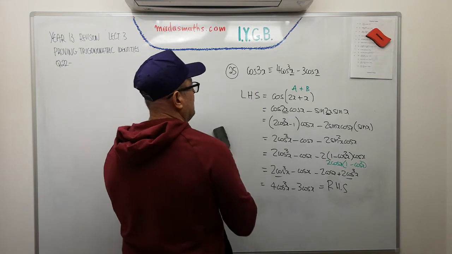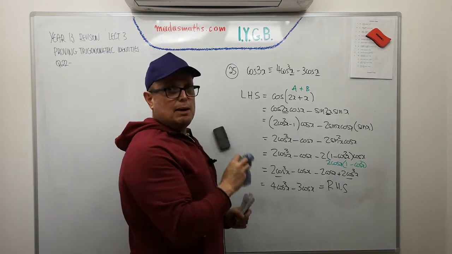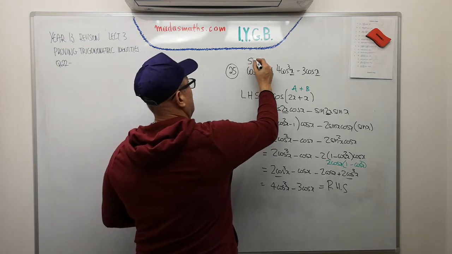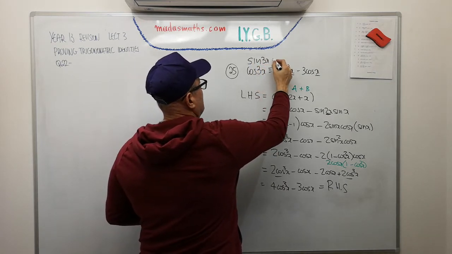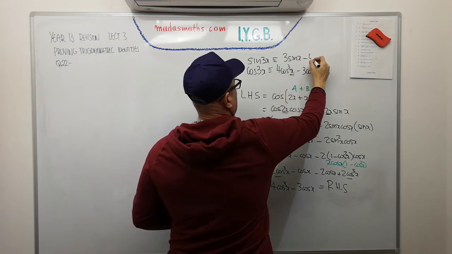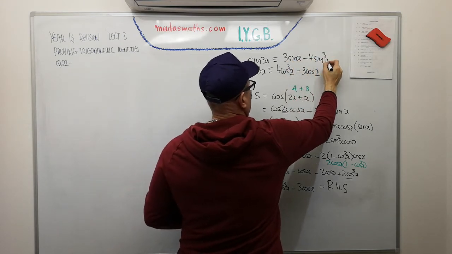Please make sure you know this particular identity, as I said, it comes up at regular times, and of course its cousin is the sine of 3x, which is very, very similar. It should read 3 sine x minus 4 sine cubed x.